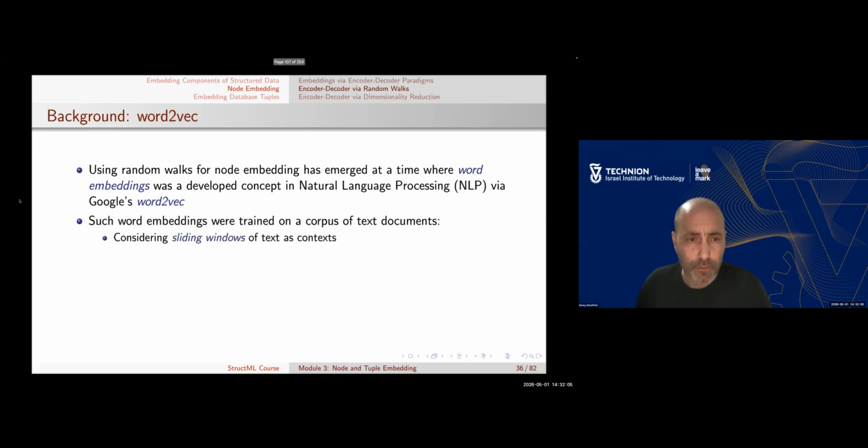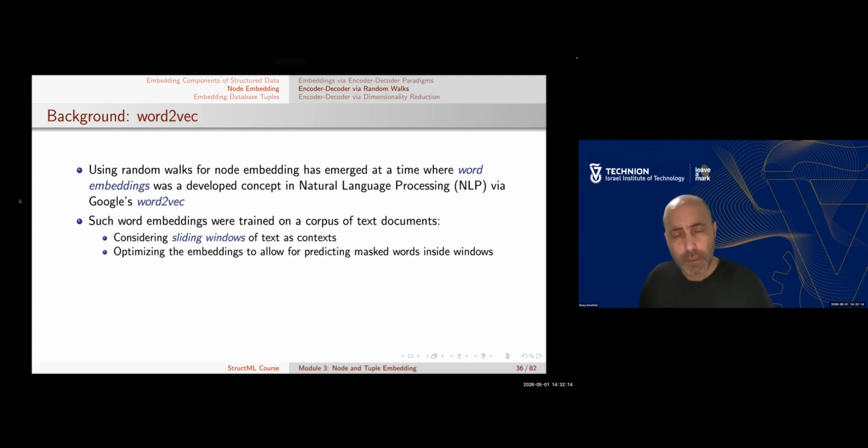You train it on a corpus of documents. So you have a collection of text documents, and you have sliding windows running over these text documents. Your task is basically to predict words in these sliding windows.